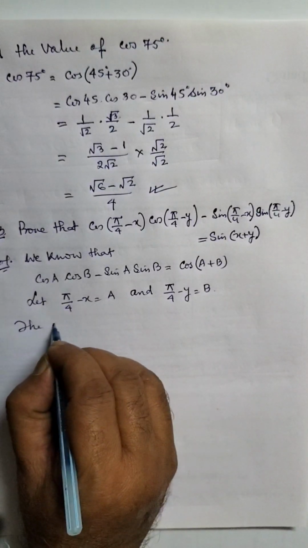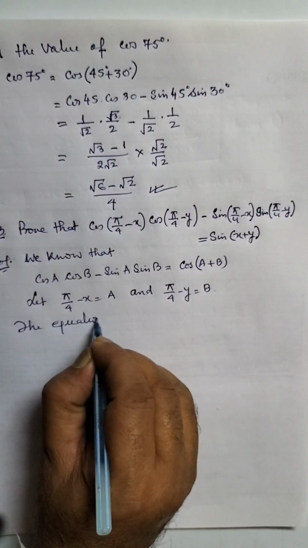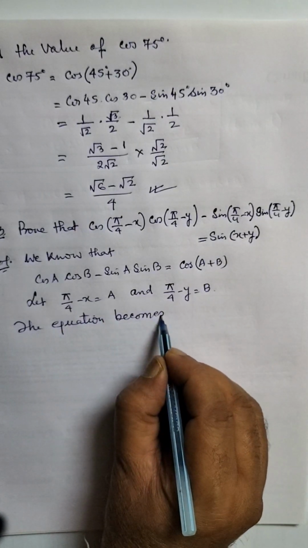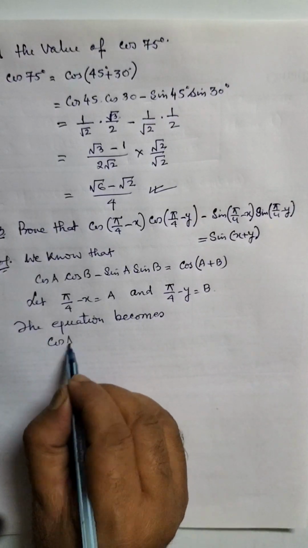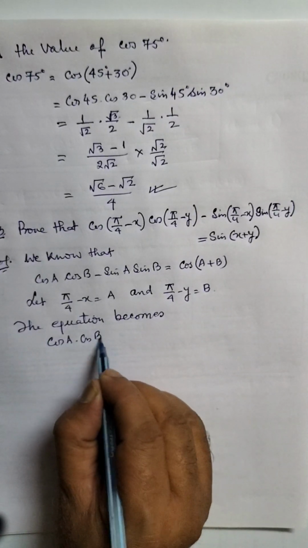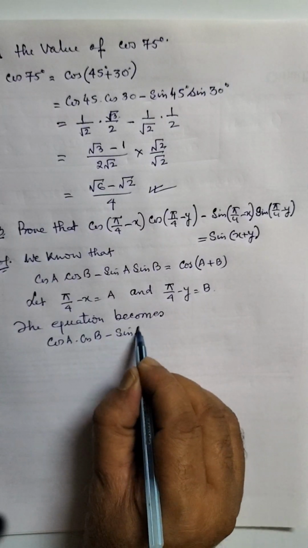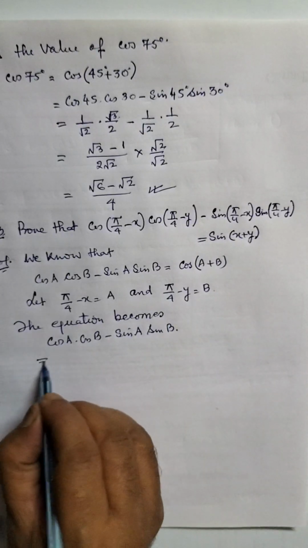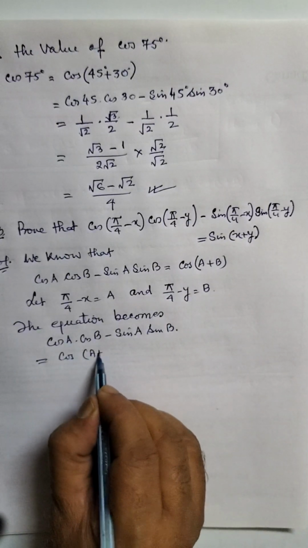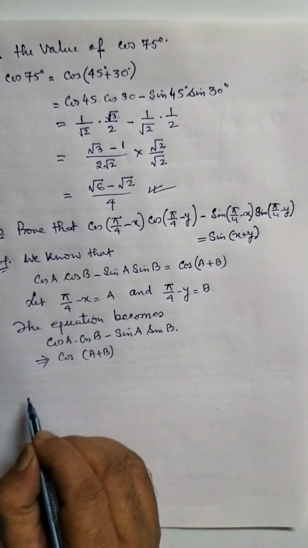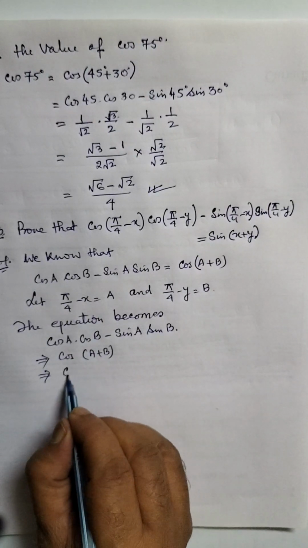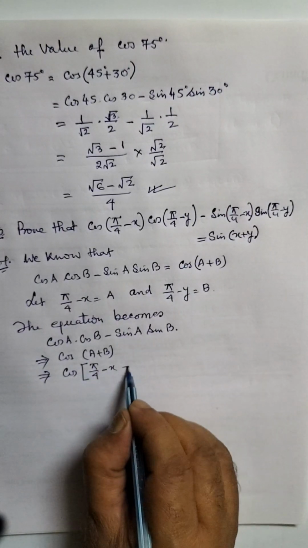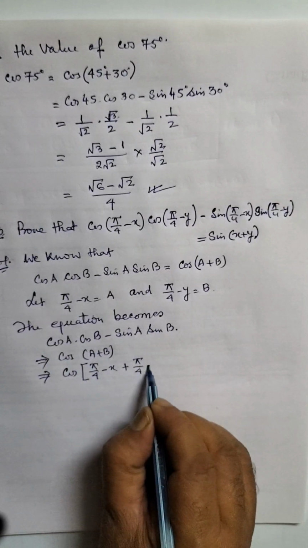Then the equation becomes cos A cos B minus sin A sin B, which is cos of A plus B, that is cos of pi by 4 minus x plus pi by 4 minus y.